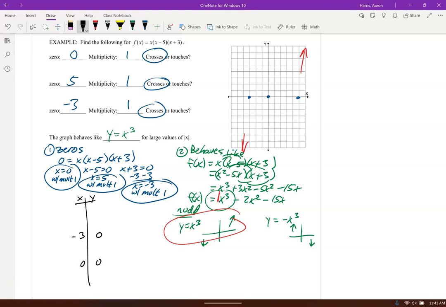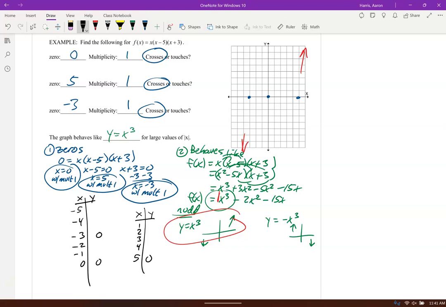We have 0, 0. And we've got 5, 0, right? We already know those. So I'd plug in a few, like maybe negative 4, negative 5, plug in a few of these, right?